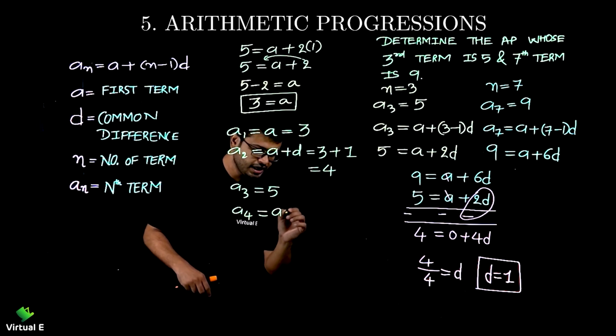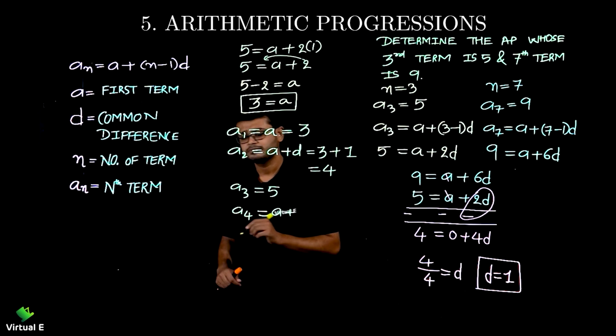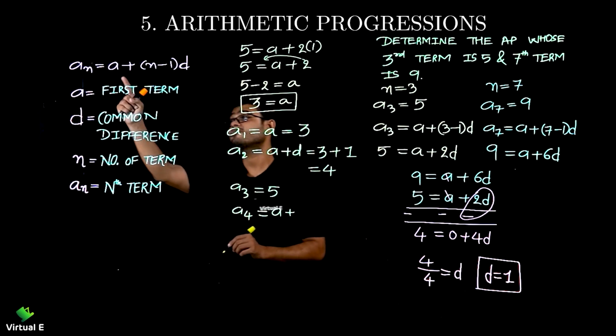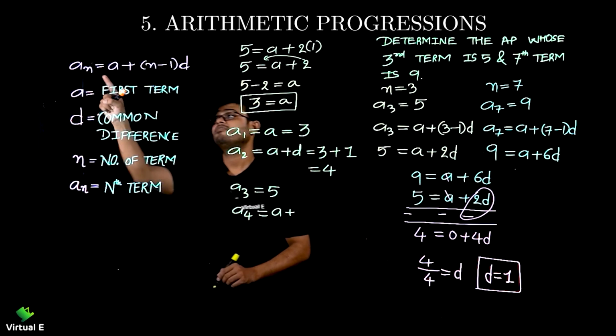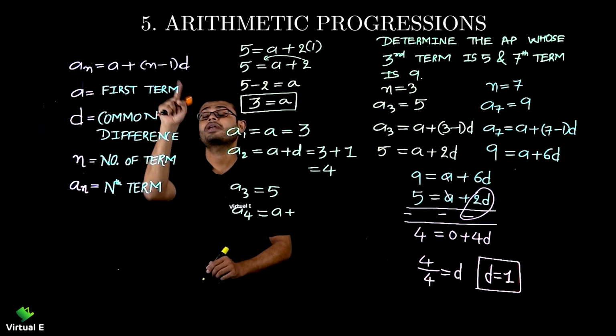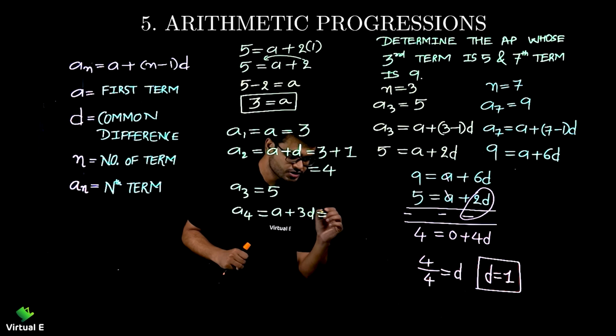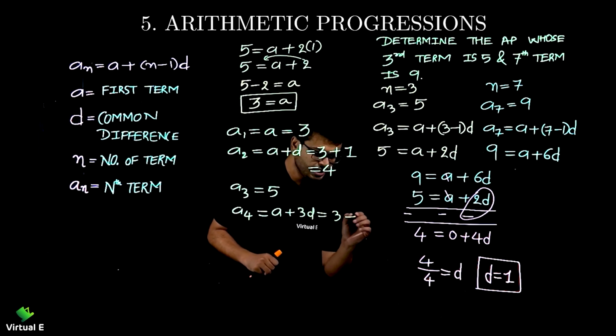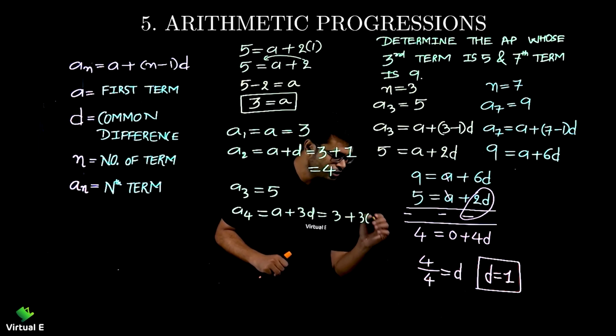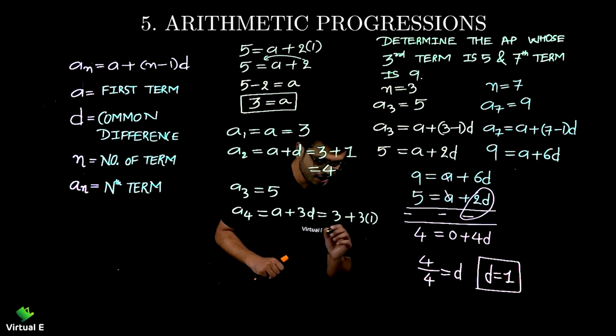A4, which is A plus, what will I write? If you substitute the formula, A4, A plus 4 minus 1, 3D. So A is 3 plus 3 into, what is the value of D? 1. So 3 plus 3, so that is 6.